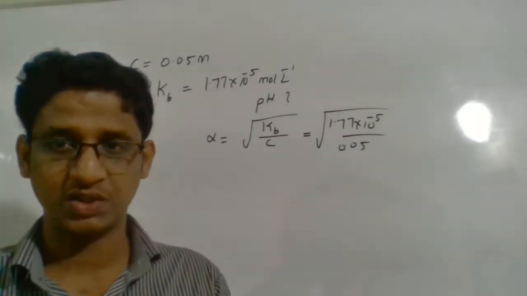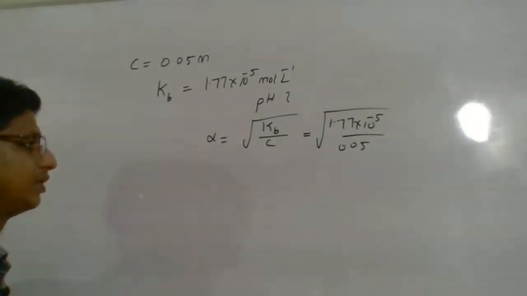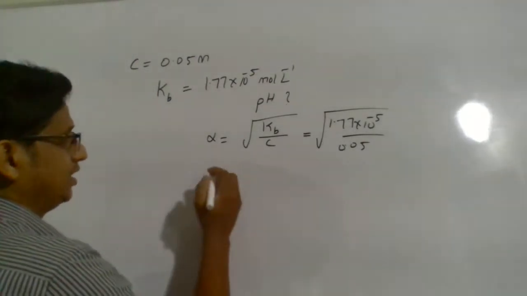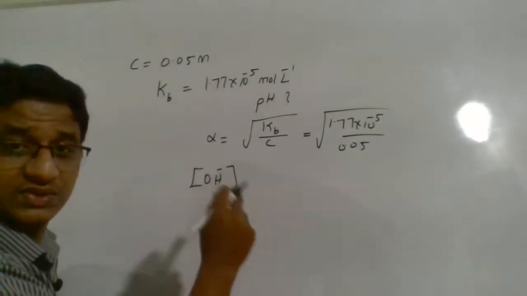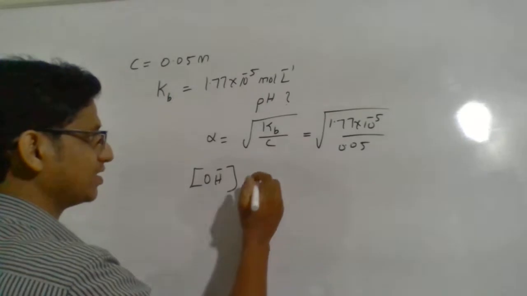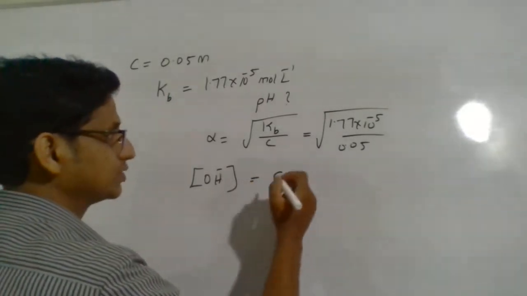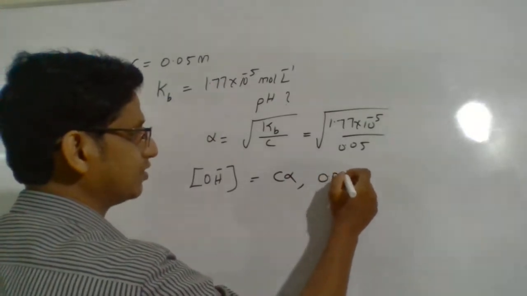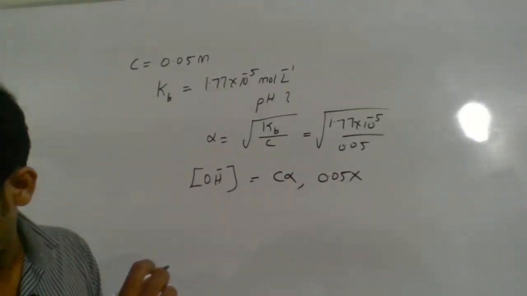Alpha means degree of ionization. Once you got alpha, you can move to the next step. Because this is a base, we talk about the hydroxide ion concentration. OH minus concentration will be C alpha, that we discussed yesterday. C is equal to 0.05 and alpha is the value we obtained.